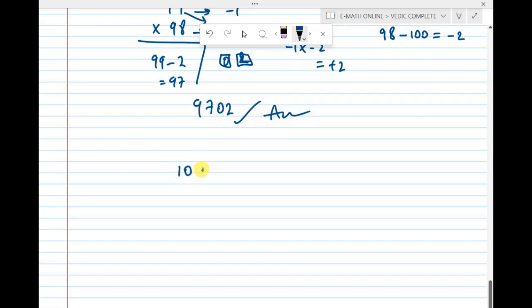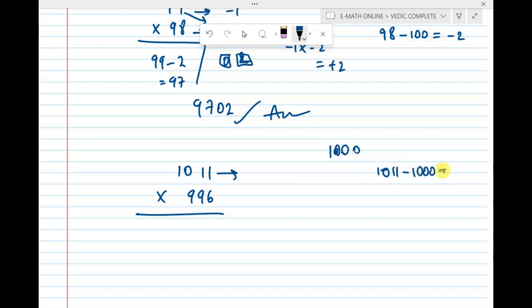Let us do the multiplication of 1011 into 996. These are random numbers. Actually, they are very close to 1000. Let's calculate the deviations. 1011 minus 1000 will be plus 11, and for 996 minus 1000, it will be how much?